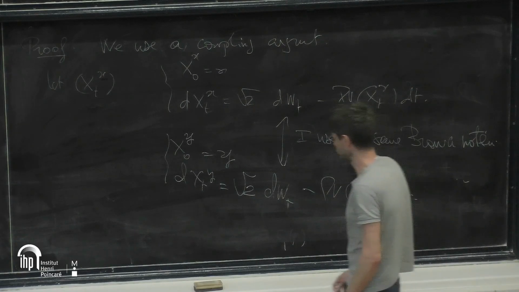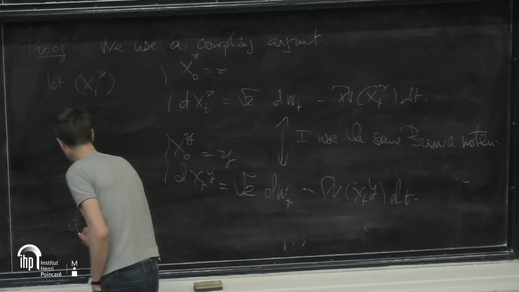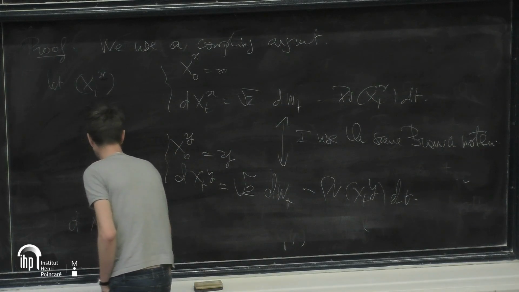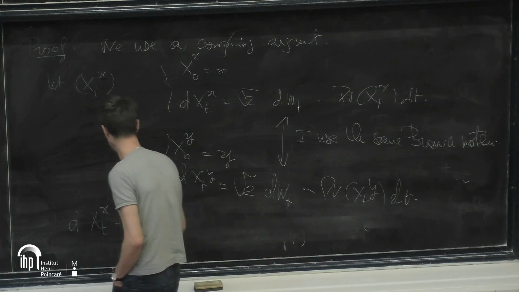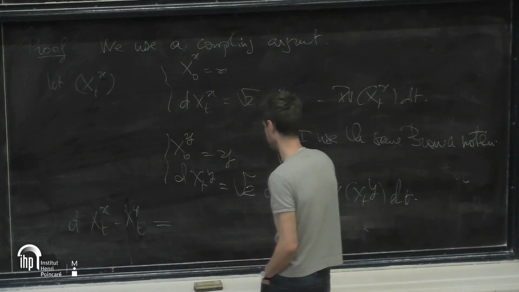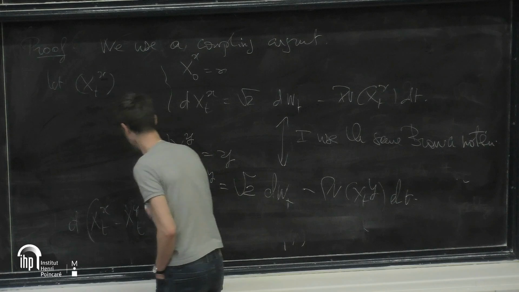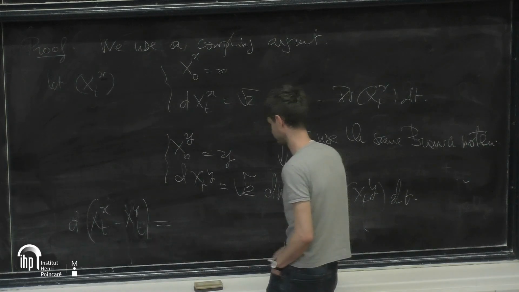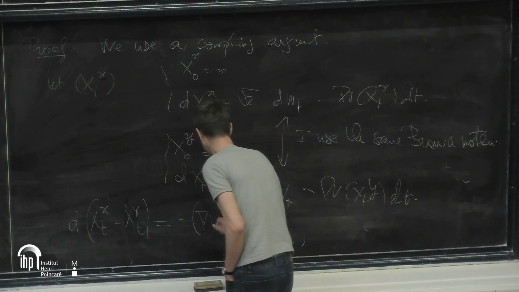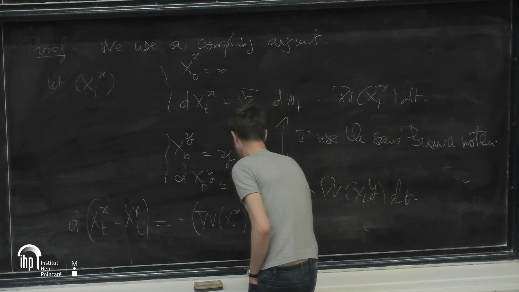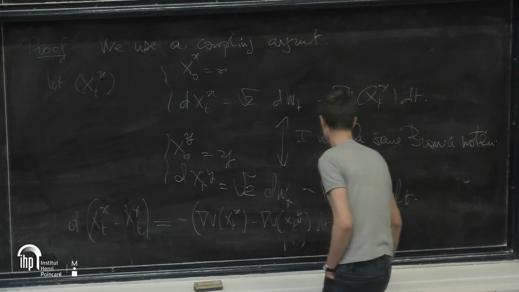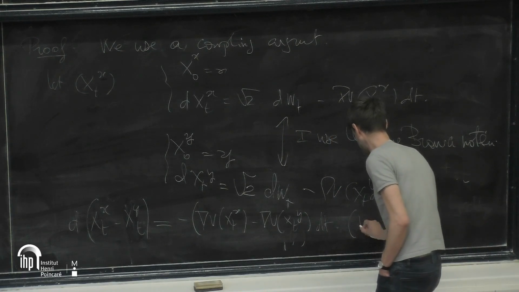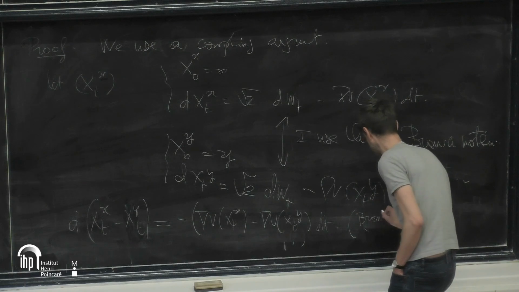And then if you look at the derivative for the difference between the two processes, then the Brownian part cancels out. So you get minus grad V at Xt^x minus grad V at Xt^y. Okay, so the key point is that the Brownian part cancels out.